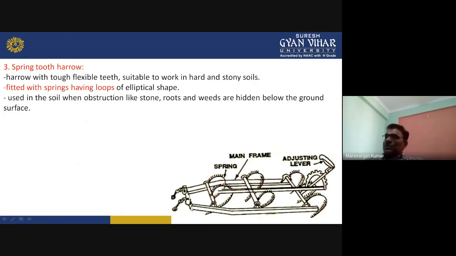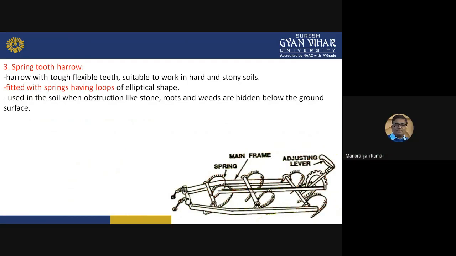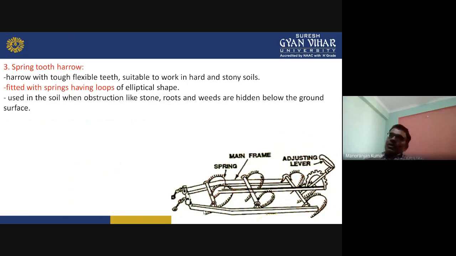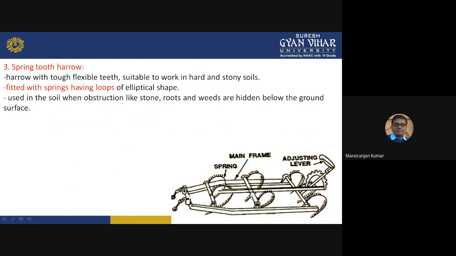When it encounters a stone, it will ride over that, and in this way its material will be protected from damage. It is fitted with a spring having a loop of elliptical shape. It is used in soil where obstructions like stones, roots, and weeds are hidden below the ground surface. In that condition, we will use this spring tooth harrow.